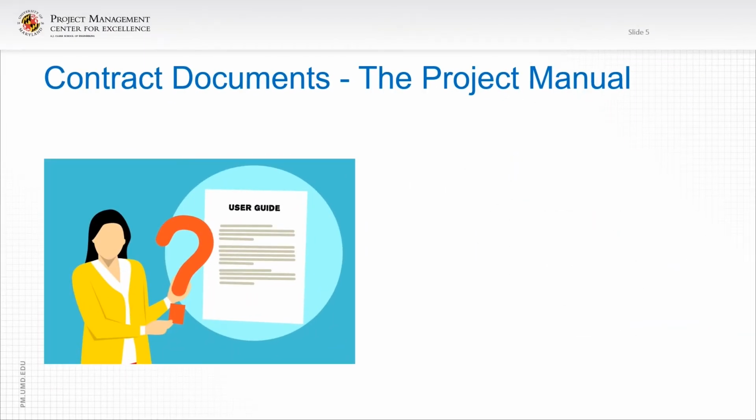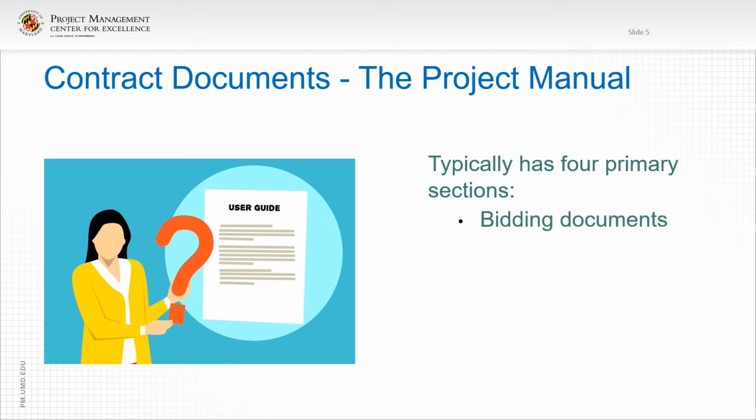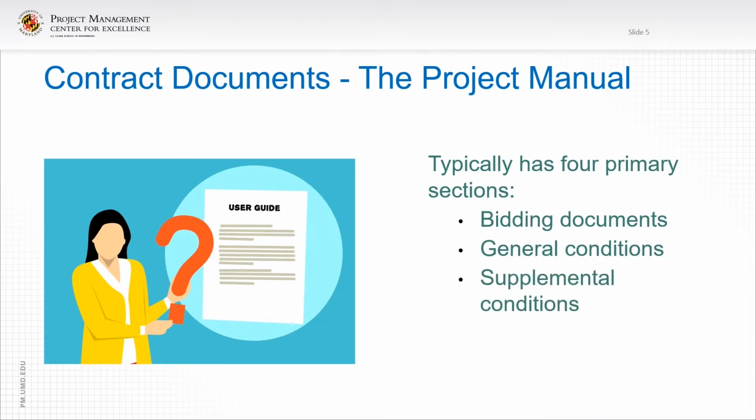Then let's talk about the contract documents. The project manual, or the specifications, typically has four primary sections: the bidding documents, the general conditions, the supplemental conditions for your specific project, and the technical specs, probably the most important part of the project manual.